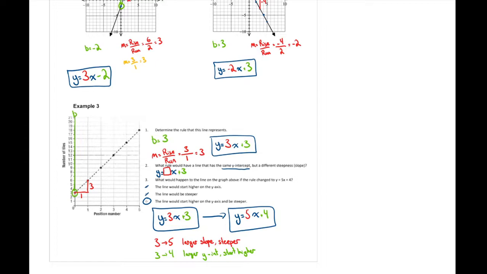And then you're just using rise over run to create a fraction. You can reduce that fraction or divide to get your final answer for your slope. So by the end of this, you should be able to, when given a graph, come up with a rule or an equation that represents the graph you see.